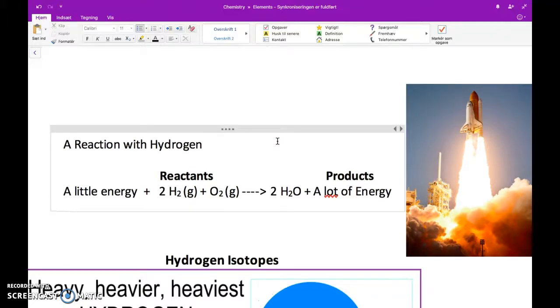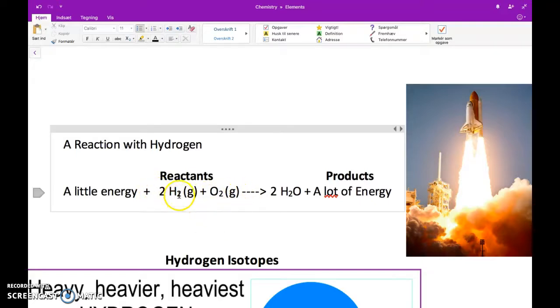Here's a reaction with hydrogen, which is very common. It's when hydrogen gets lit and it reacts with oxygen. So here you give it a little energy, like a lit match. As you can see, the reactants are H2, the molecule, and the oxygen molecule, and they are in the gaseous state in the air.